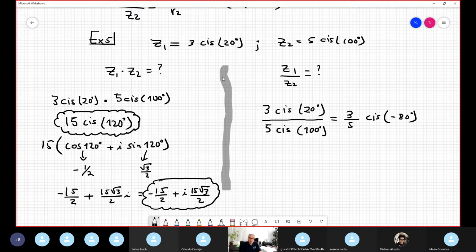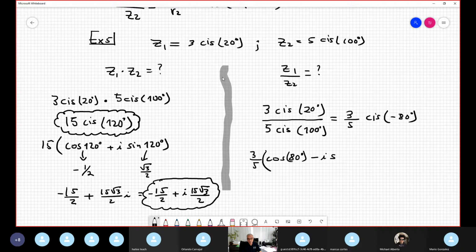Well, the answer you can leave it like that. Now let me see how. 3/5 cosine 80 degrees. You know, cosine is an even function. I don't care whether the argument is positive or negative, it stays the same. Sine is an odd function, so negative.